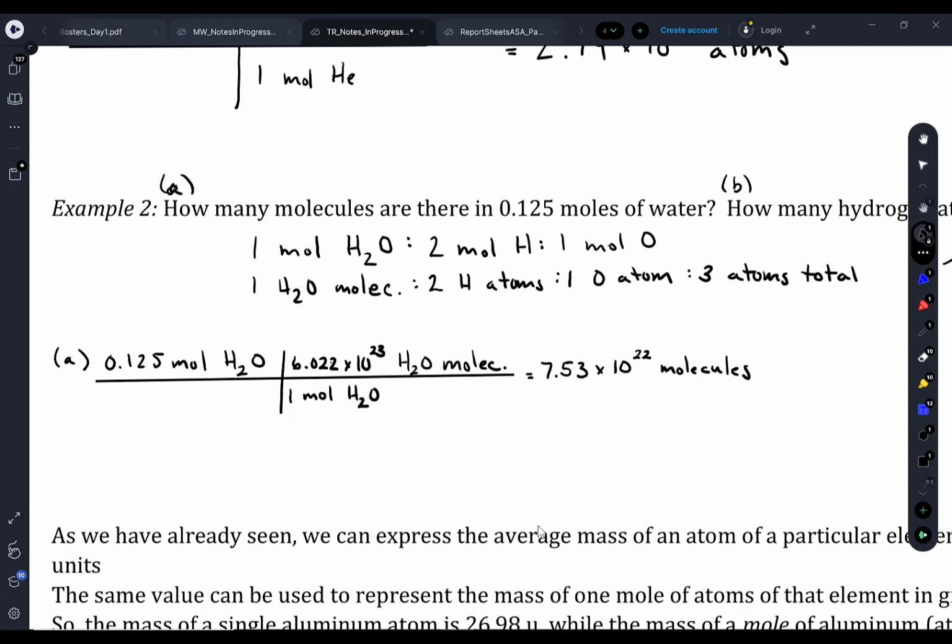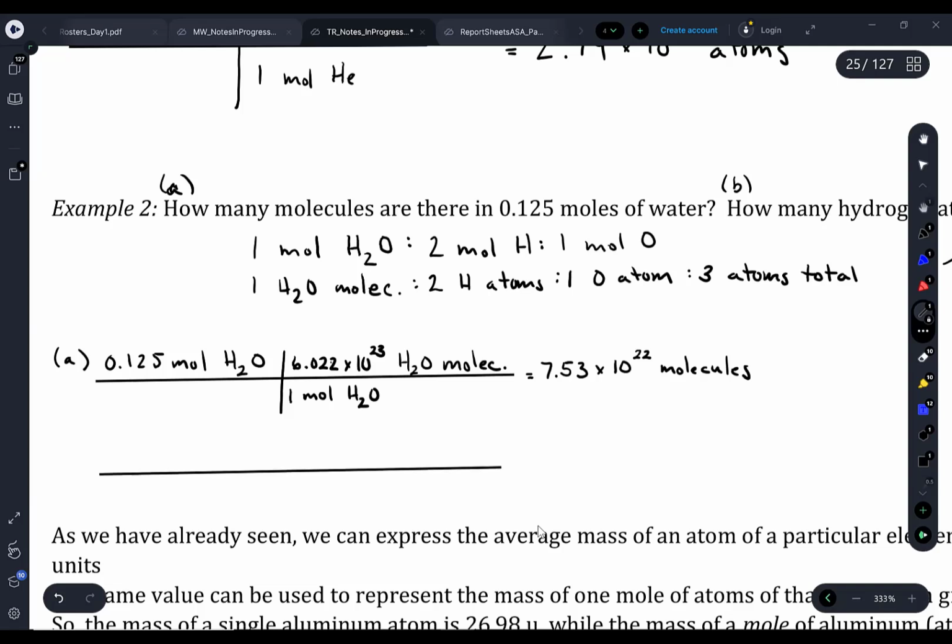And part B asked us to do this same thing for hydrogen atoms. Now I could start all over again, but that doesn't really make sense. So I'm just going to use this answer. And what am I going to say here? Every one molecule has 2 atoms. So I'm just going to take this number and multiply it by 2. But you should always show your work so we can understand exactly what you're doing.